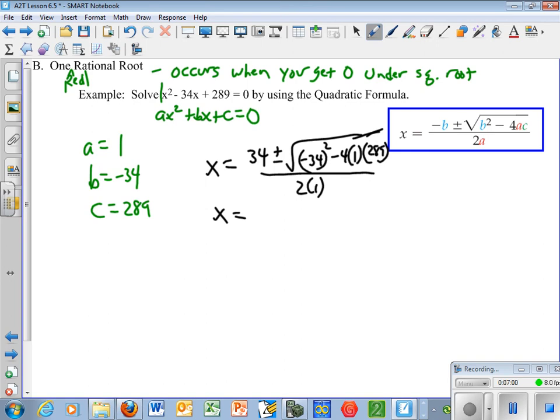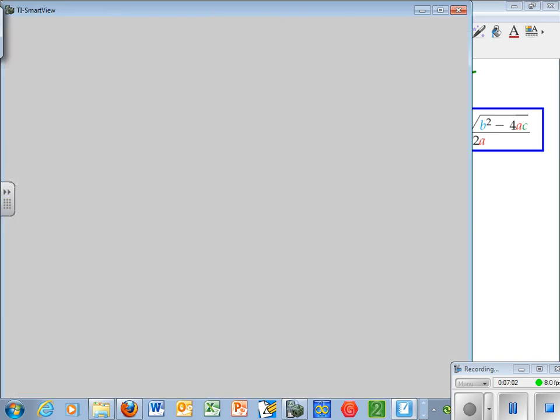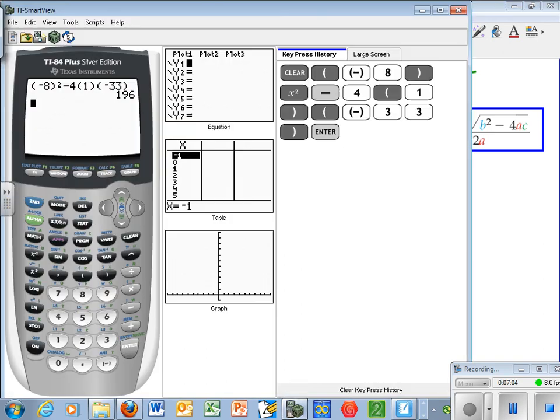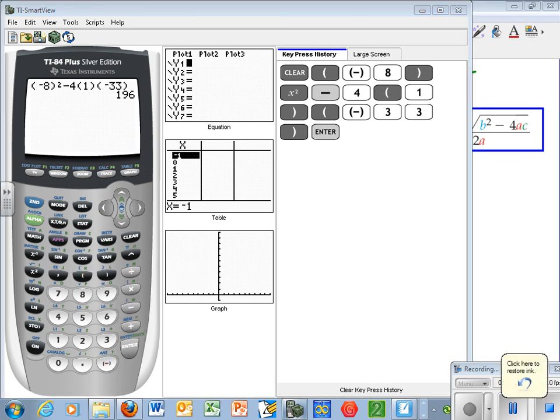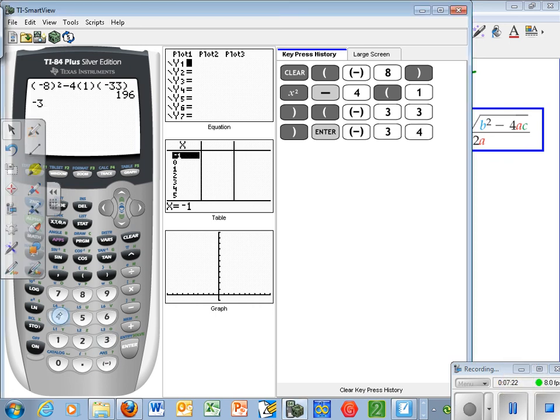In your next step, you always want to use that calculator. Type in what's underneath the square root. So in this case, I have in parentheses negative 34. Oops, I got to put it in parentheses, so let me back up a little bit.